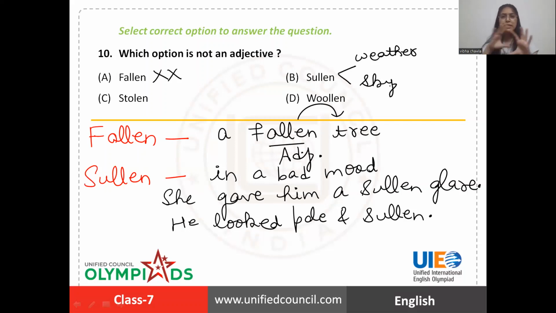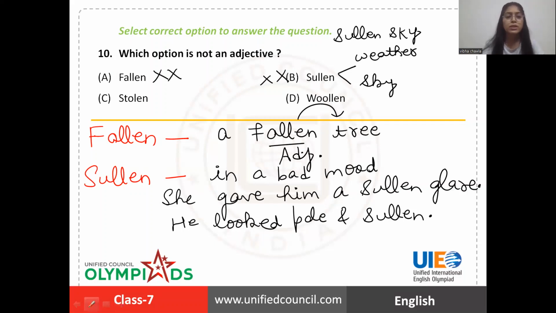Sometimes when the weather is dark, unpleasant. Okay, in that case also we can use this word sullen. For example, we can say sullen sky, or sullen weather. So it can be used for weather purpose also. So definitely, my point is it can be an adjective also.